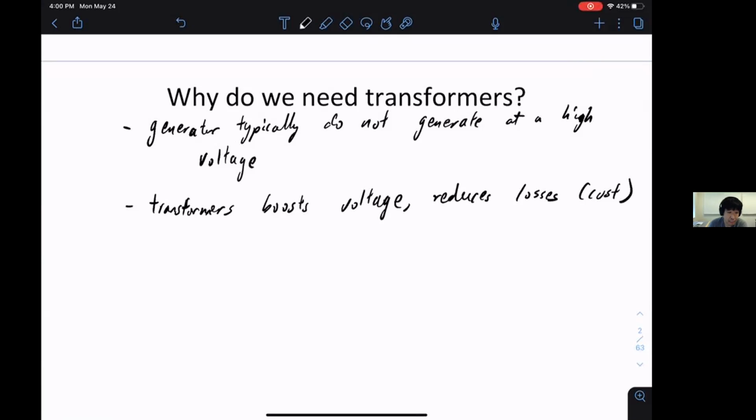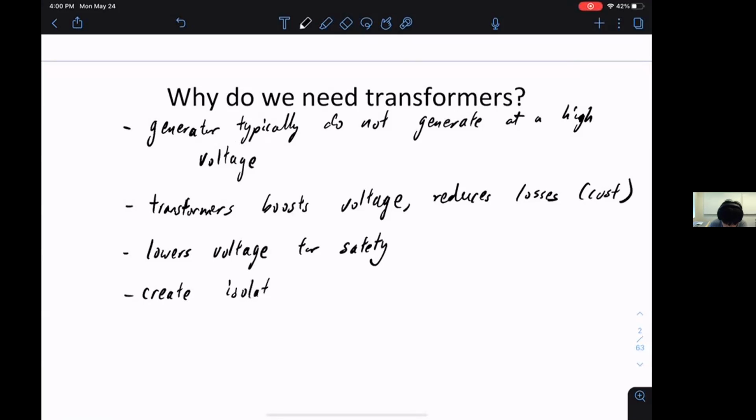Then at the receiving end, it lowers voltage for safety reasons. At your house, you want voltage in the hundreds of volts. This can also create isolation. Often we want to isolate a system, so we want two parts to be isolated from each other, so we use a transformer. This can also be used to do impedance matching.